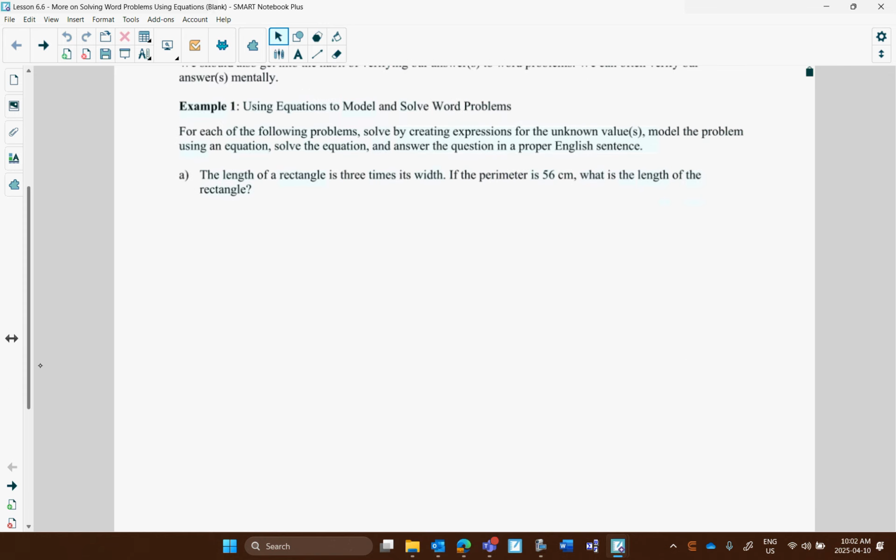First problem. The length of a rectangle is 3 times its width. If the perimeter is 56 centimeters, what's the length of the rectangle? How many unknowns are there here? 2. What are they? Length and width.